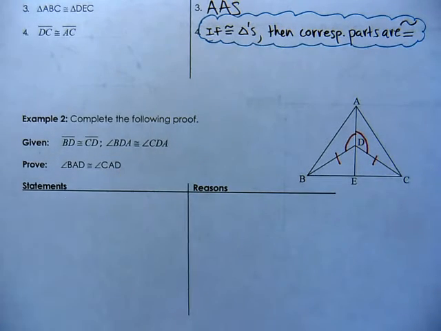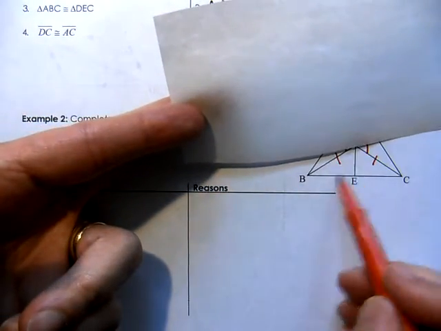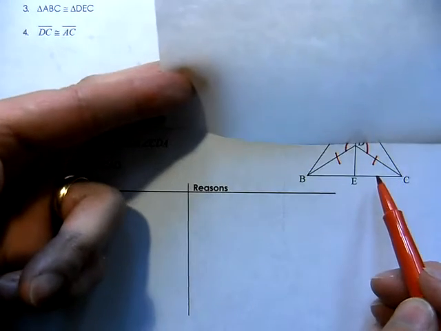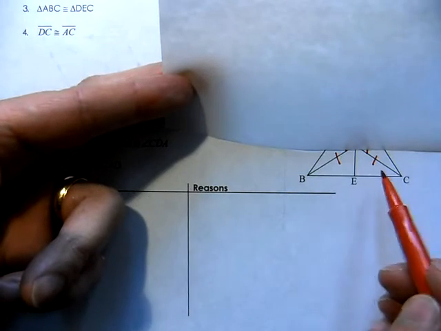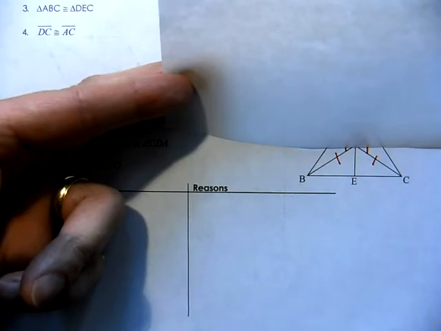So can you identify the triangles we're trying to prove by the placement of the markings? Notice that if we were trying to show that this triangle on the bottom left was congruent with this triangle on the bottom right, that would not be very good because we only have one set of tick marks and nothing else to go on.